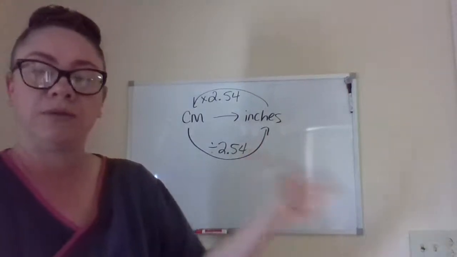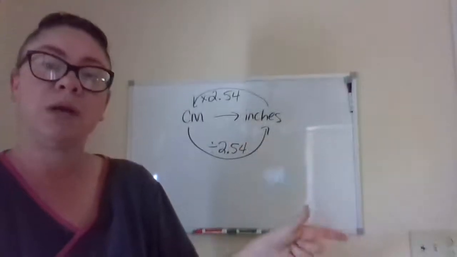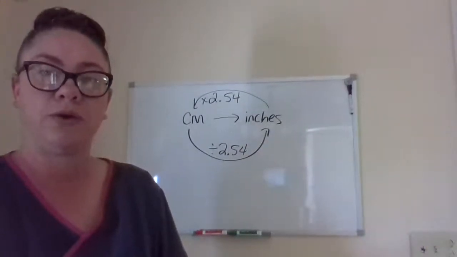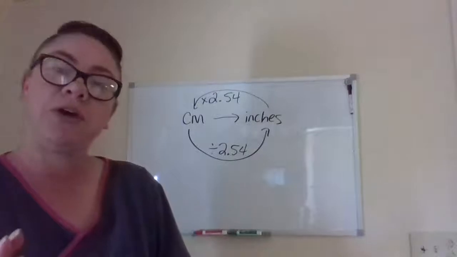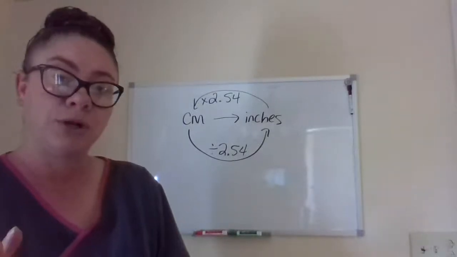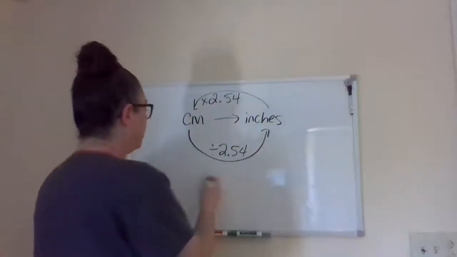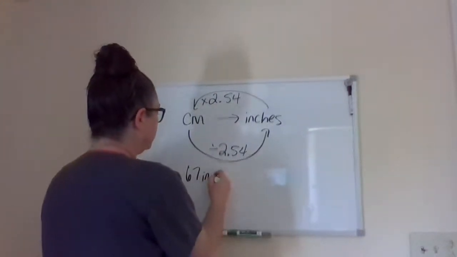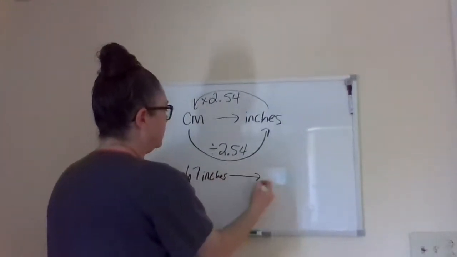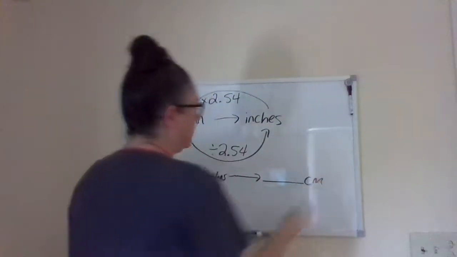For pounds and kilograms, your pounds number will always be larger than kilograms. So if your kilogram number is larger than your pounds, you did it the wrong way. First example, 67 inches converted to centimeters.